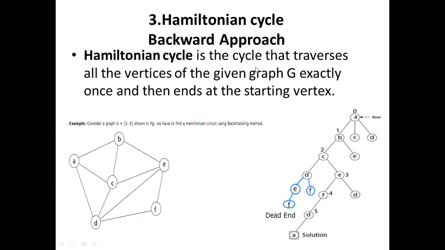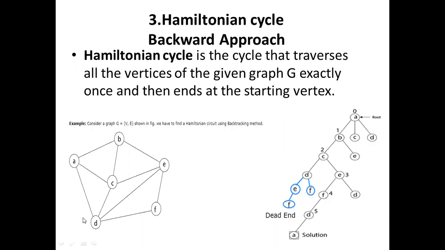A Hamiltonian cycle is a cycle that traverses all the vertices of a given graph G exactly once and then ends at the starting vertex. What is the meaning here? I have to start with one vertex, say here A. I should visit all the vertices exactly once, that means only one time.